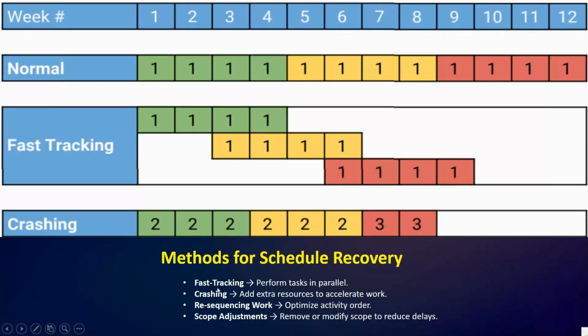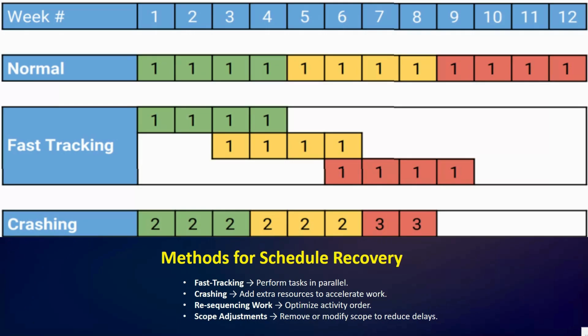Okay, so let's discuss these methods one by one. Fast tracking: perform tasks in parallel. Okay, so this means performing certain tasks in parallel instead of waiting to finish one before starting the next. So it can save time but may also increase risk.